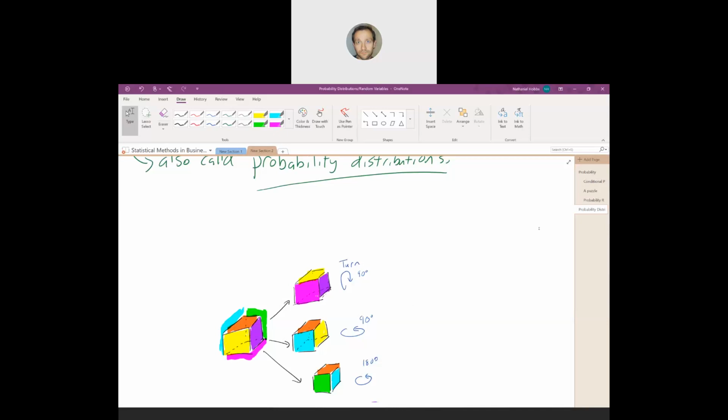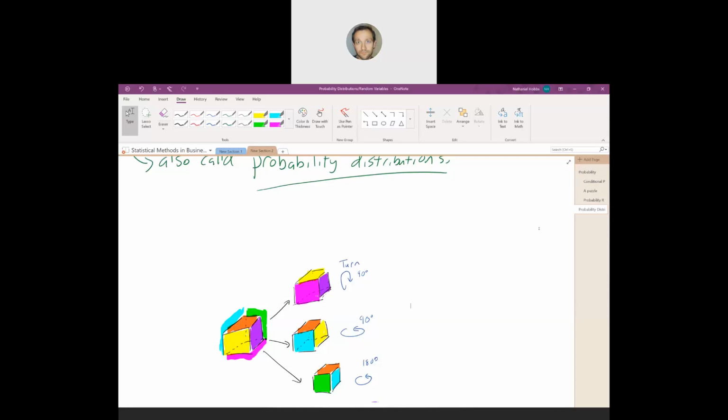Let me pick, how about Brian? Do you have a mic? So to describe this cube, let's say it's a fair cube, what would the probability space look like?